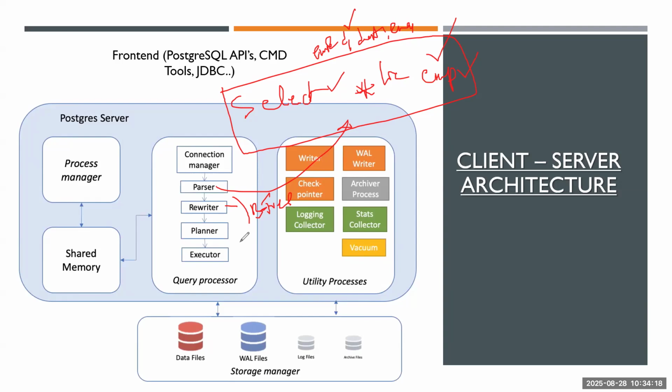Based on your query, it will prepare the tree. Once the tree is prepared, it will go to the planner. Your planner will prepare the plan for your query, and your executor will execute the query and send the result to the user. Got it?